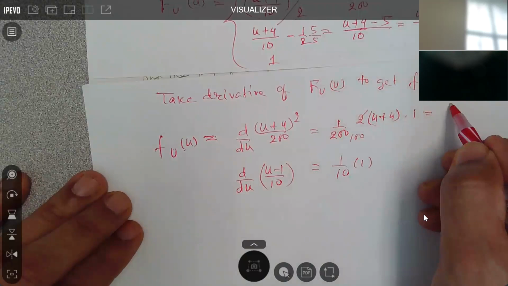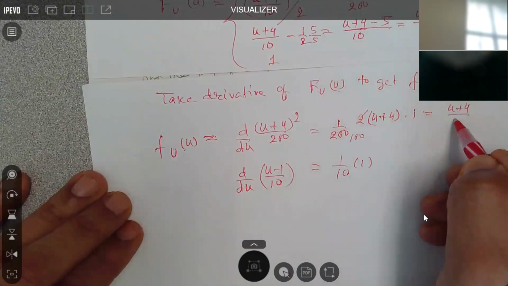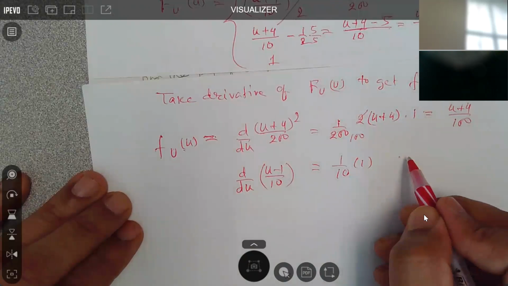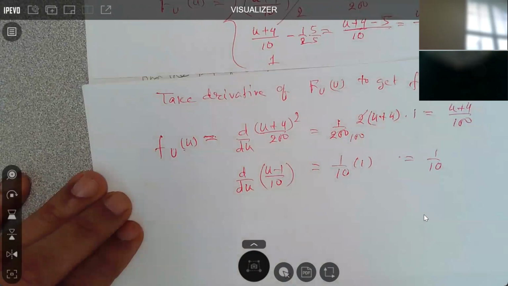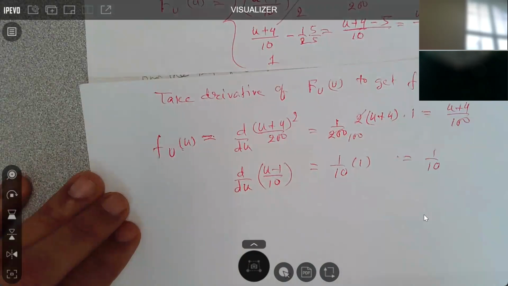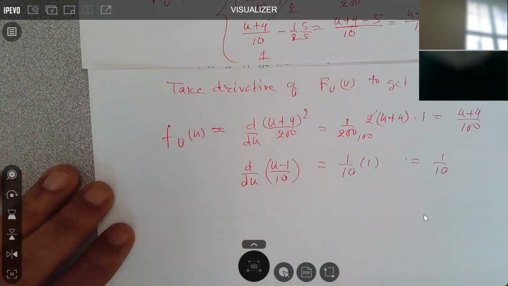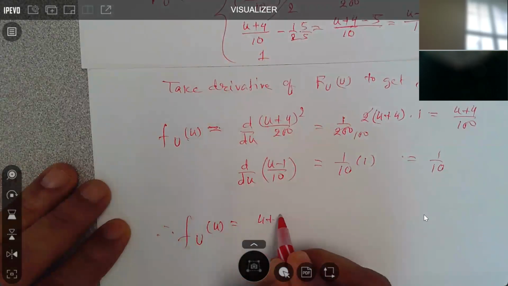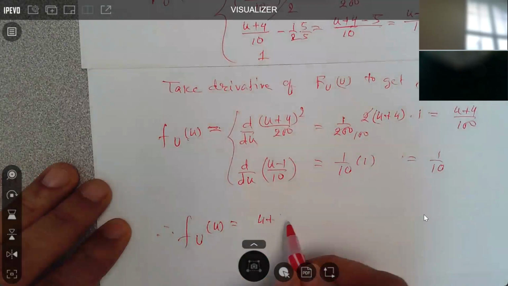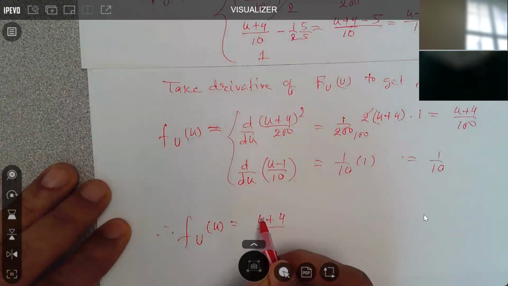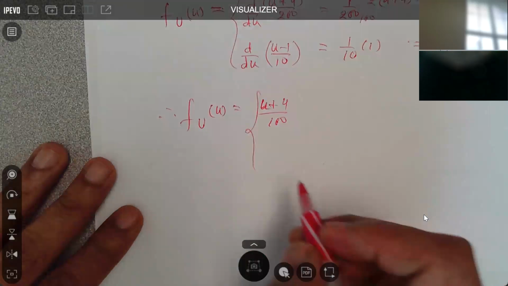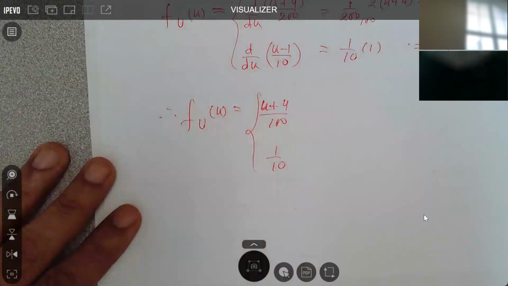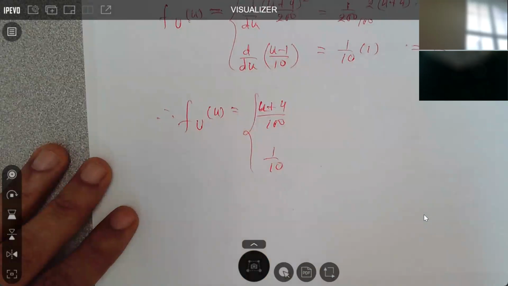So equals to (u plus 4) over 100, and this is equal to 1 over 10. Therefore f(u) equals (u plus 4) over 100, and 1 over 10. Now find the support.